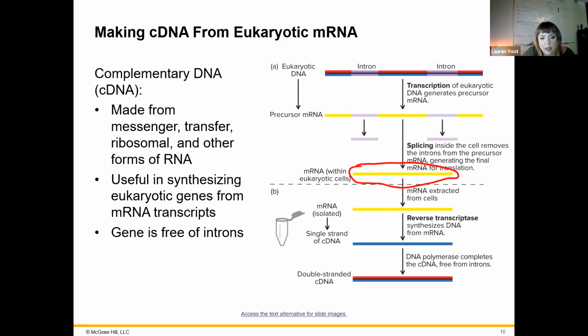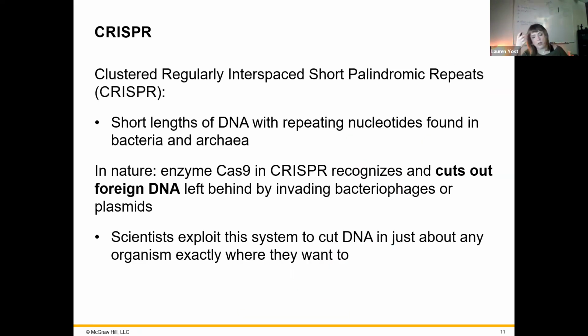So we can extract that messenger RNA from cells and isolate it, and then use reverse transcriptase to make the DNA version that does not have any of those introns in it. And this is a double-stranded cDNA. cDNA is basically just cloned DNA, cloned from that messenger RNA. That way bacteria can read it, because bacteria won't be able to read human genes, right? Because we have introns in them. We need to get rid of those, and bacteria can't splice those out. They're not capable of it.